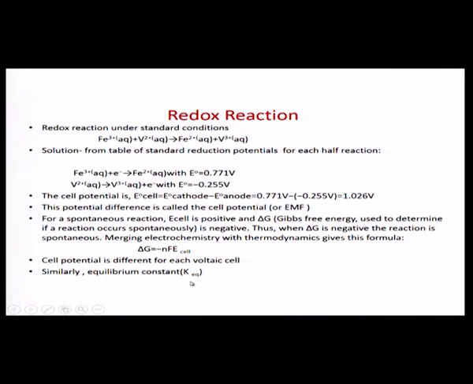If the value is large enough, then again the reaction is feasible and spontaneous. This is what we discussed for thermodynamic and equilibrium parameters, whereas here it is the thermodynamic and electrochemistry relationship for predicting the feasibility or spontaneity of a particular reaction.